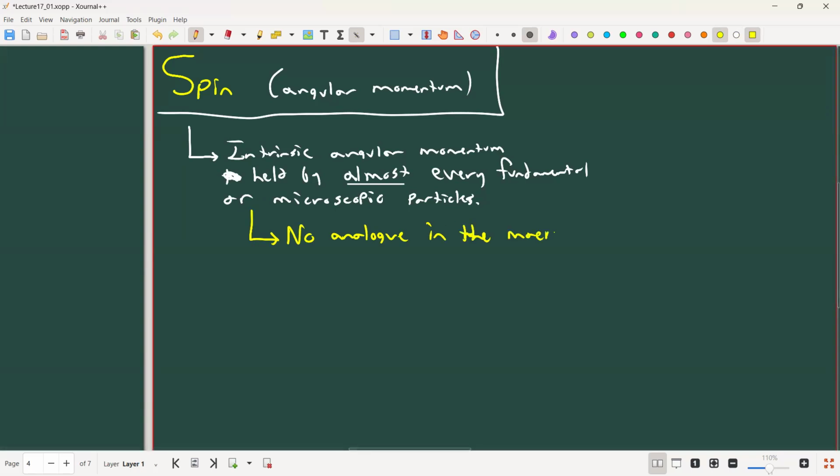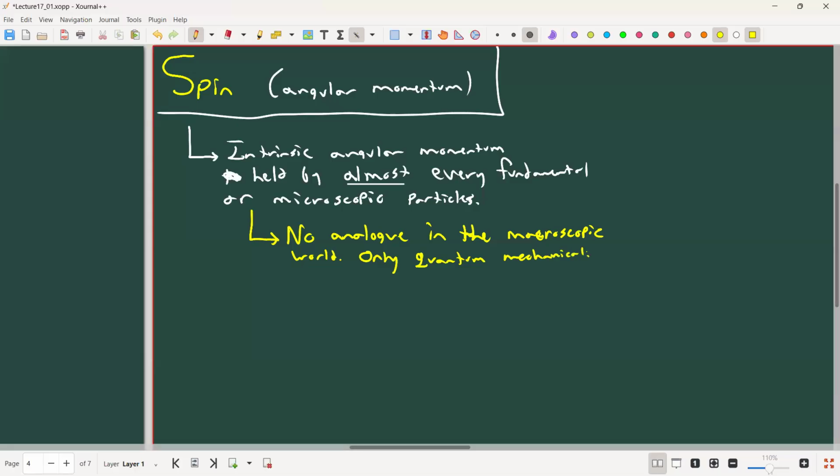This is a property of things only quantum mechanical. I just rotated a book around a couple times to illustrate a quantum mechanical principle, but I can't pull a book out and show you an example. There's just no equivalent. So you just kind of have to accept it as is.